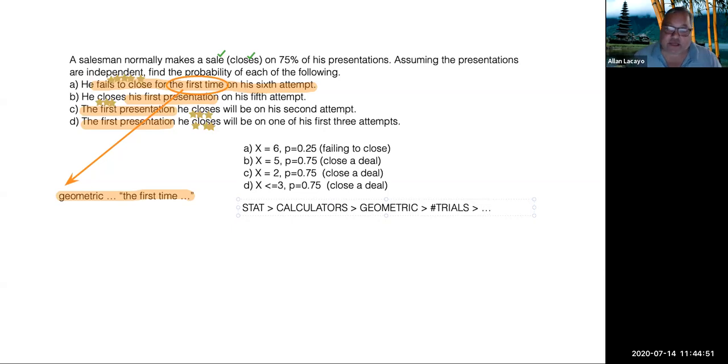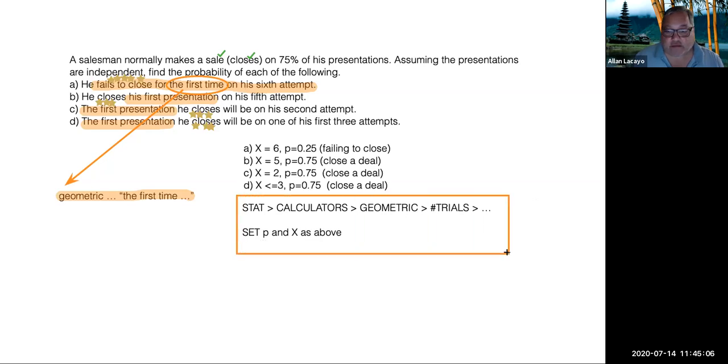And once I do that, then I'm going to set P and X as in each of the cases indicates. So that is my job. My job is to first outline what I'm going to be doing in StatCrunch, and then put the command in StatCrunch that calculates these 4 things. So let me go to StatCrunch now.